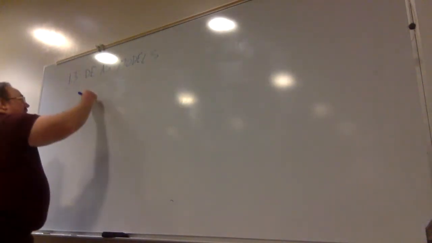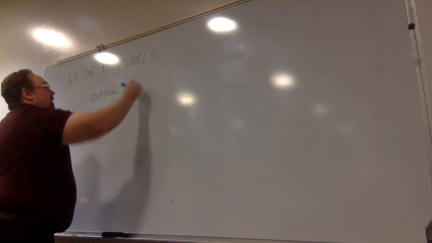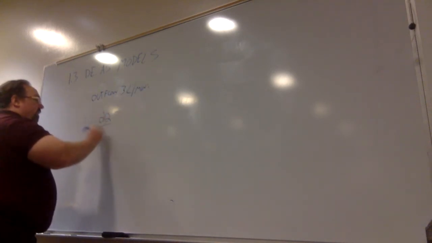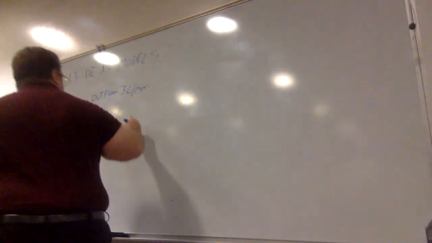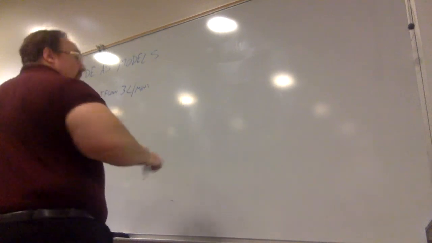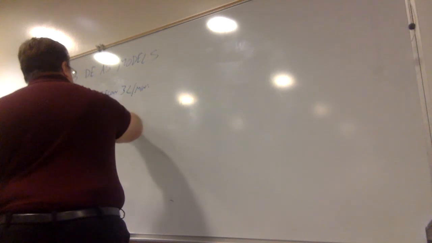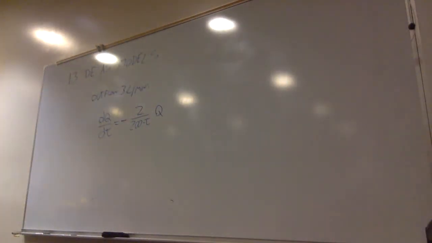So you have the dq/dt. All of our assumptions remaining in force, the concentration would now be, so minus out 2 over t times Q. Okay.